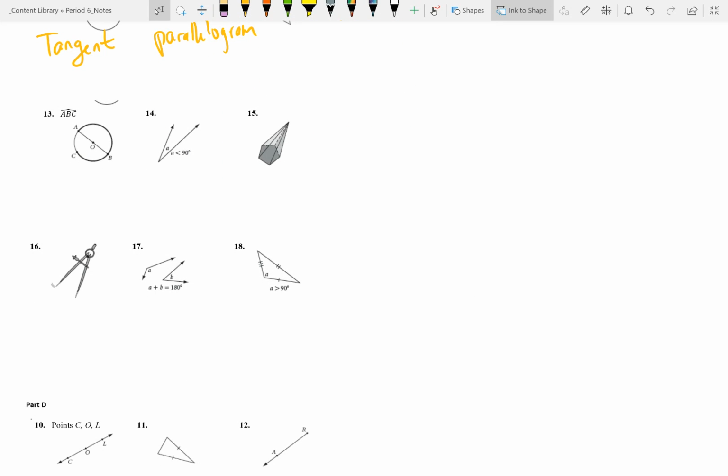This is a major arc. This is an acute angle. This is a pyramid with a pentagon for a base, so that would be a pentagonal pyramid.